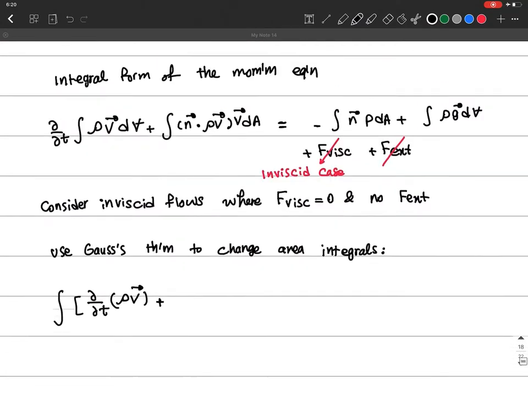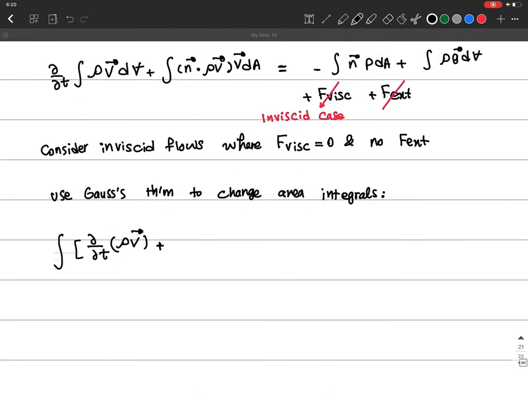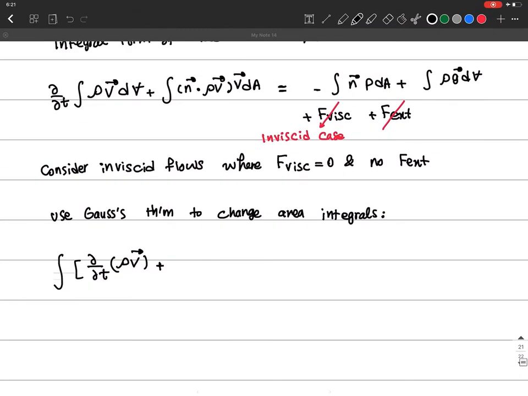The first is the divergence of rho v times v, because we have more terms here, and then another term, which is rho v dot grad times v.